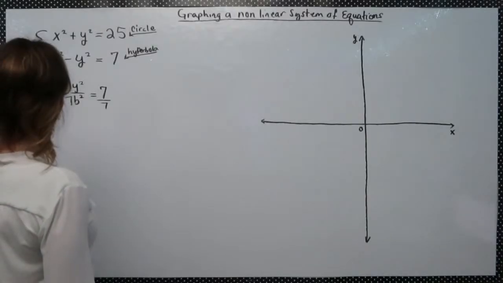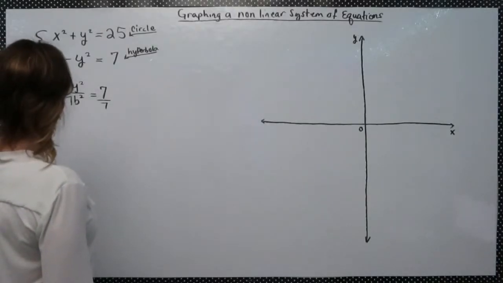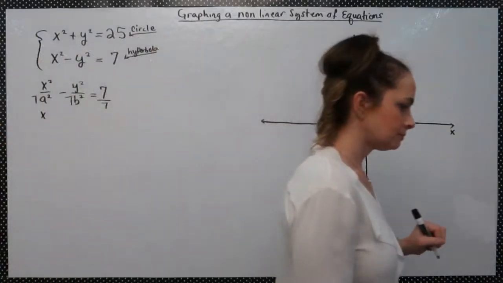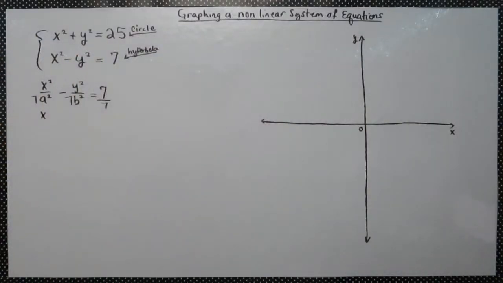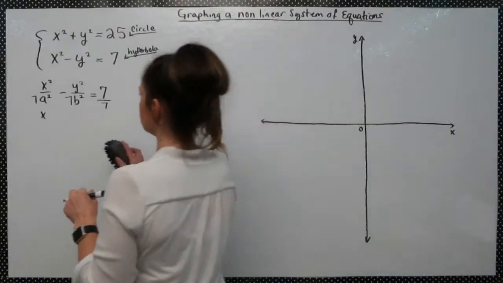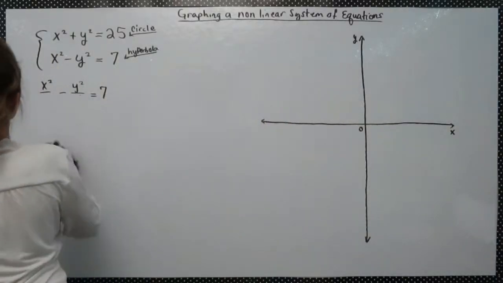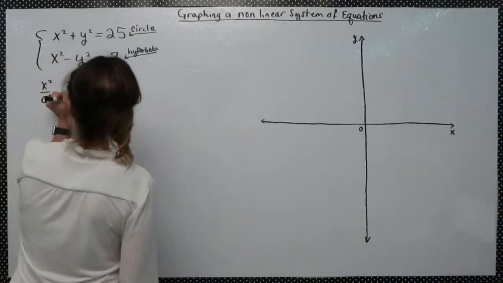x squared over a squared minus y squared over b squared.